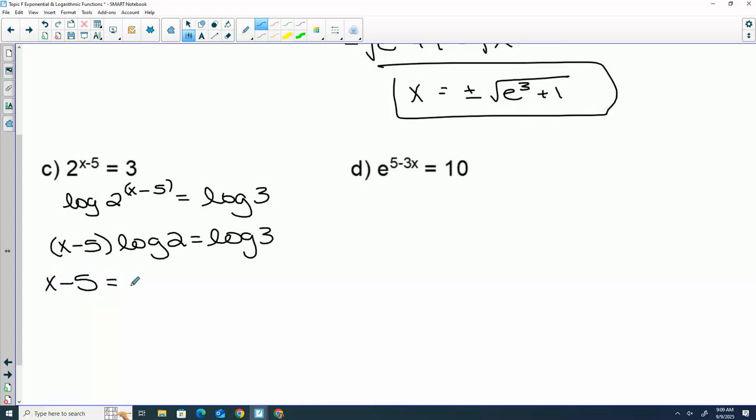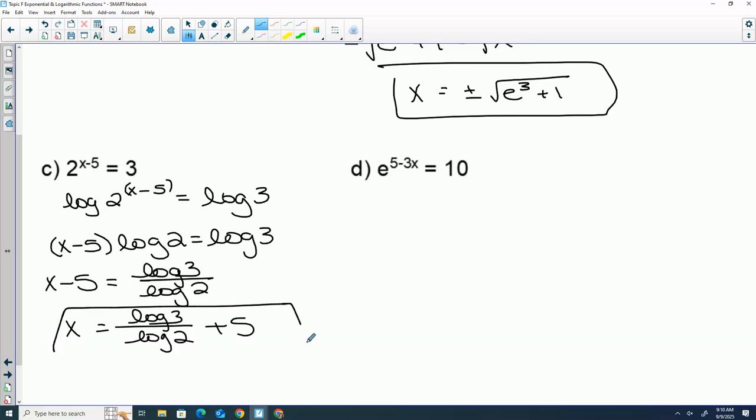I could just divide over my log 2. And divide my 5. Again, you could leave your answer like this.